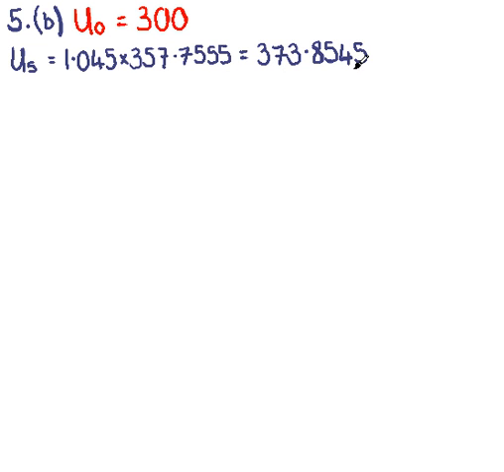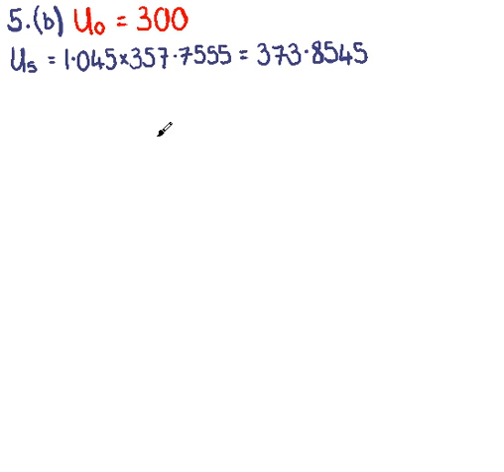That gave us the total value of the investment after 5 years. What we can do now is just keep going. We can work out U6, find out what the new total is, then go on to U7, U8, and so on until we get a number that gives us more than 600.